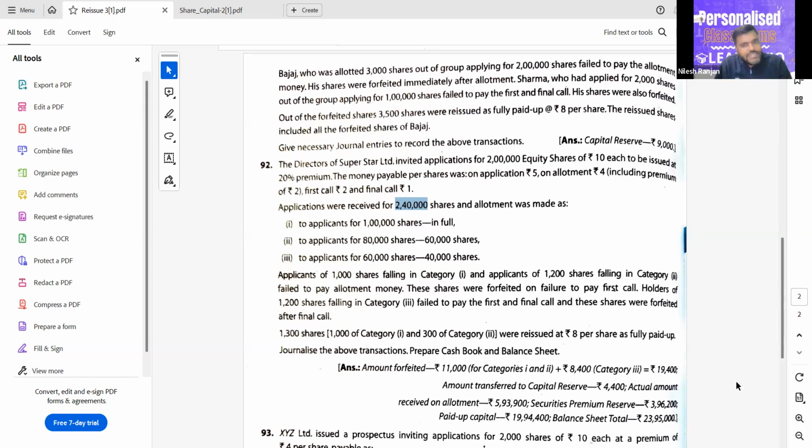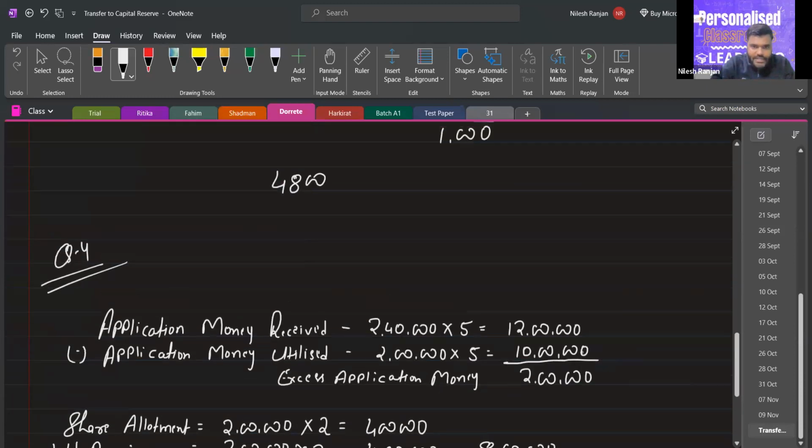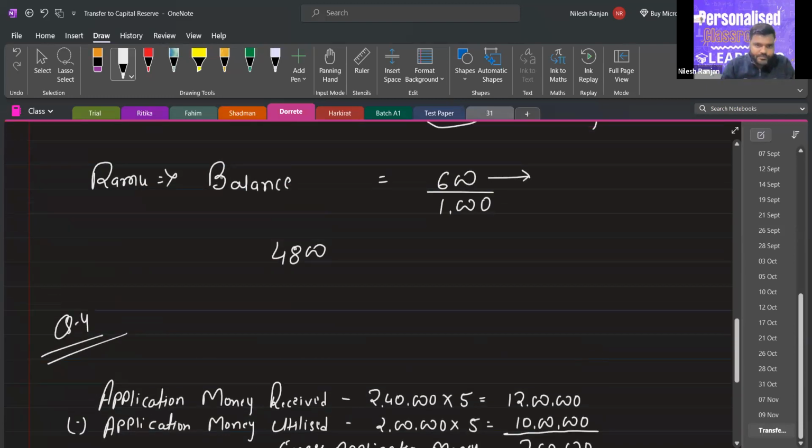But what about the second case? We have received application for 80,000 shares, and we have issued only 60,000 shares. Now, let me write it here.